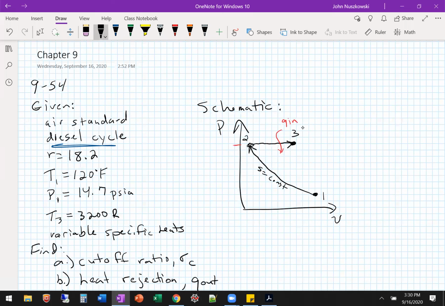All right, 3, now we go to 4, we isentropically expand. Okay, and again, S is constant here.